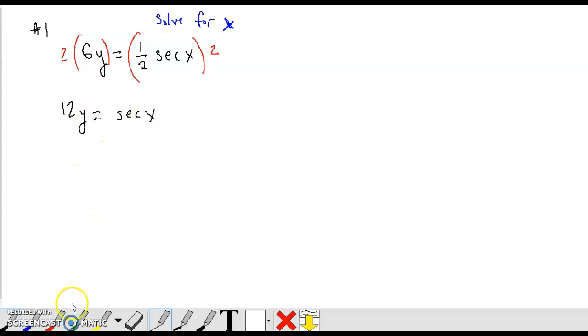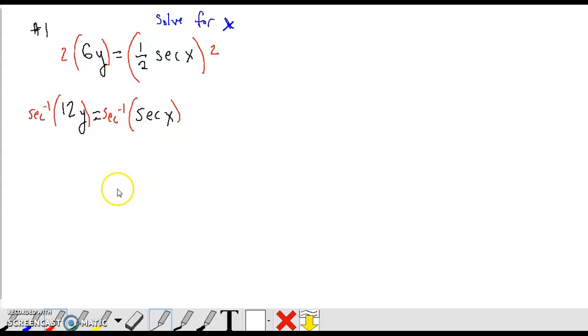And so when we apply the inverse, this is essentially what you're doing. I'm going to rewrite this a little bit bigger, with a little more space. So secant of x. What we're doing is applying the inverse, so I'm having my inverse right there, and then I'll apply it on the other side of the equation. Because again, the inverse and the regular function cancel each other out.